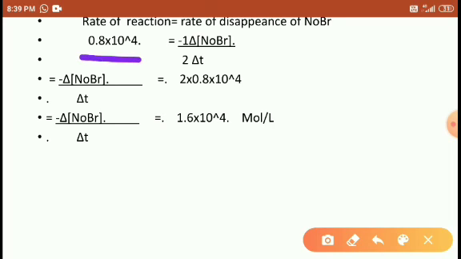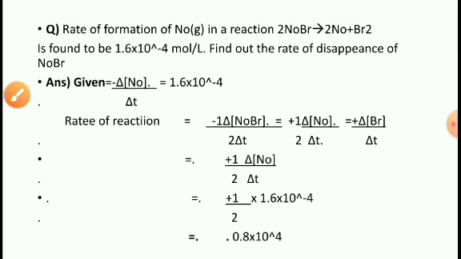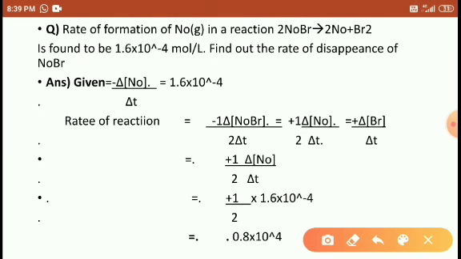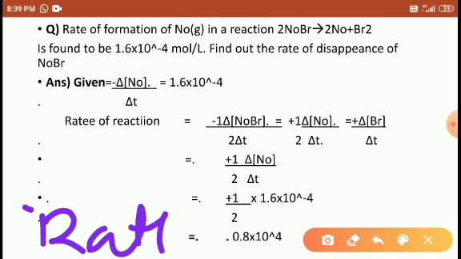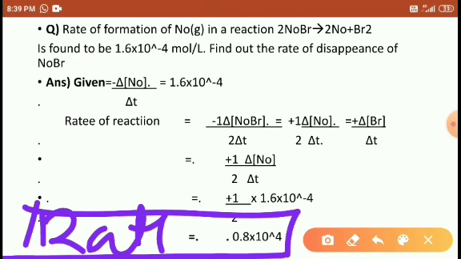The rate of reaction is 0.8 into 10 to the power of 4, because, students, after calculating with the rate of formation of NO, this is the rate of reaction. Right.